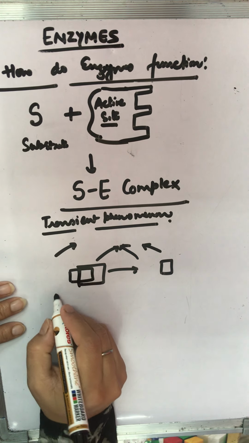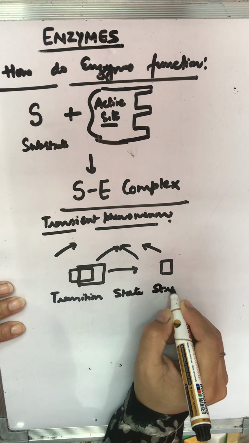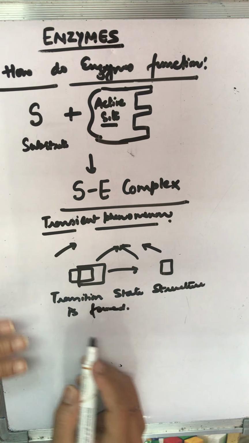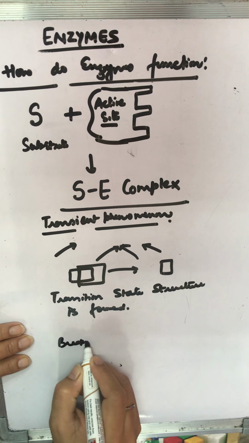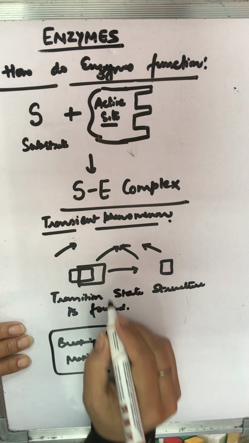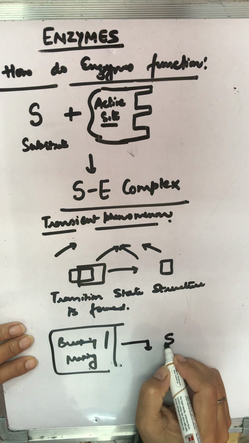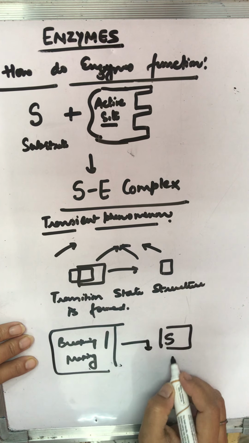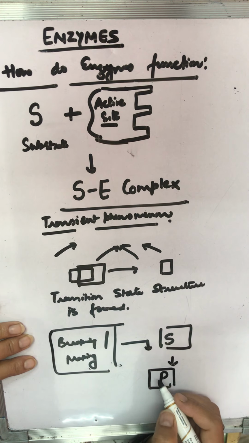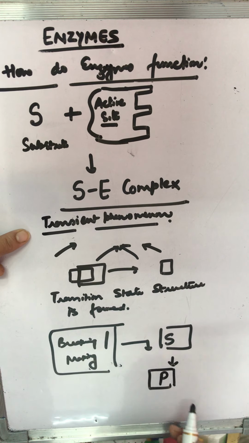Alright. Here the transition state structure is formed. And soon the expected reaction of breaking and making of new bonds is completed. After this transition state, when breaking and making of the bonds is completed, the structure of substrate is converted into the structure of product. There could have been many altered transition states in between the stable substrate and the stable product.